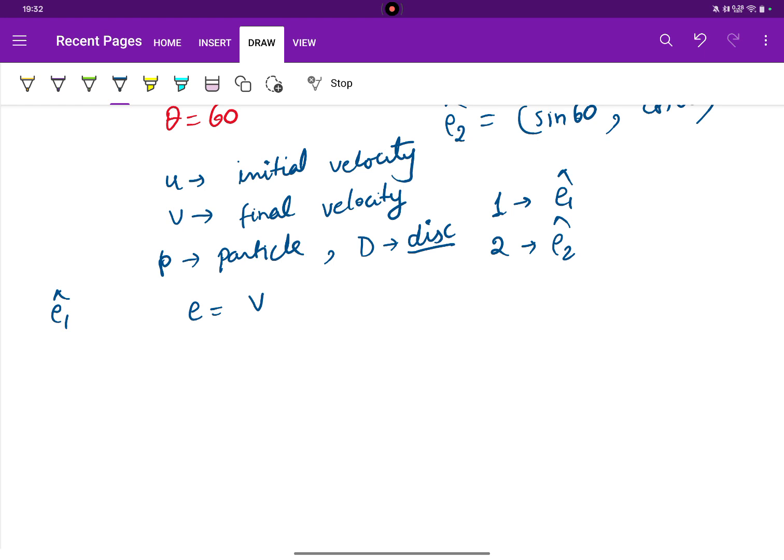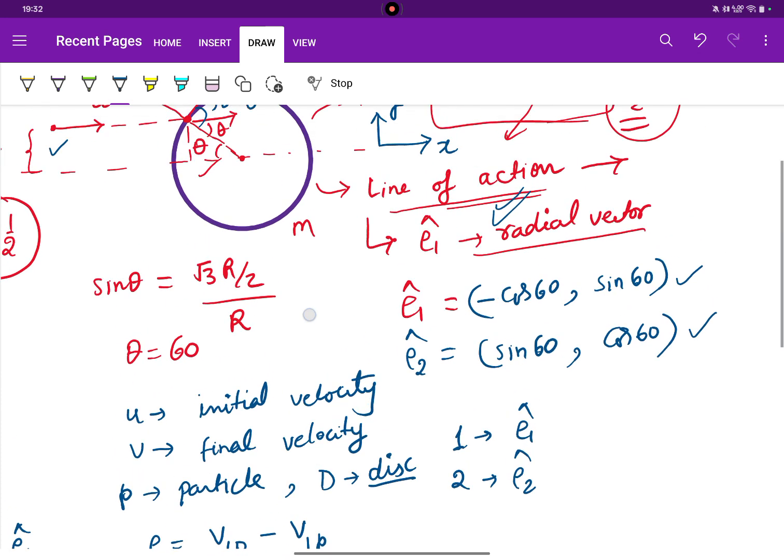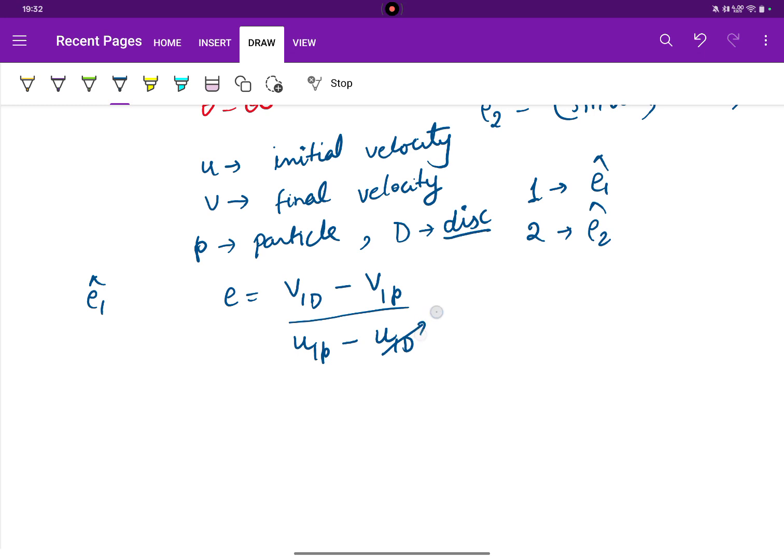So e equals v, the final velocity, of the disk along the 1 direction minus that of the particle, upon u, the initial velocity of the particle, minus u, the initial velocity of the disk. Now the disk was at rest, so u1d is 0, right? 1 denotes direction, so make note of that, p is the particle, and u1p is what we need.